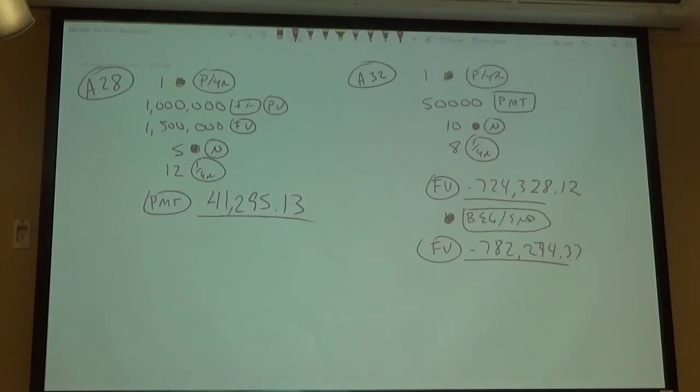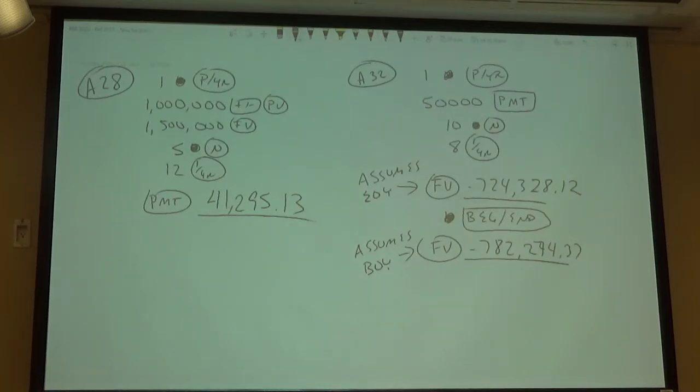So this assumes end of year, whereas this answer assumes beginning of year. Okay, does that make sense? Okay. All right, next one. And once again, go ahead and make sure you shift it back. Number 8.